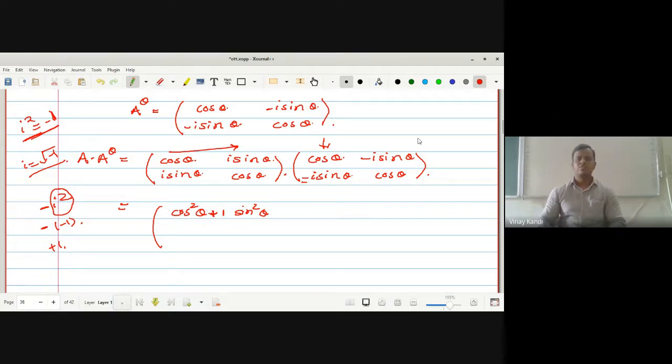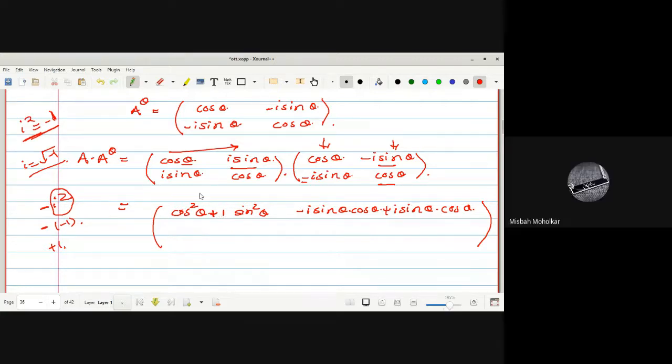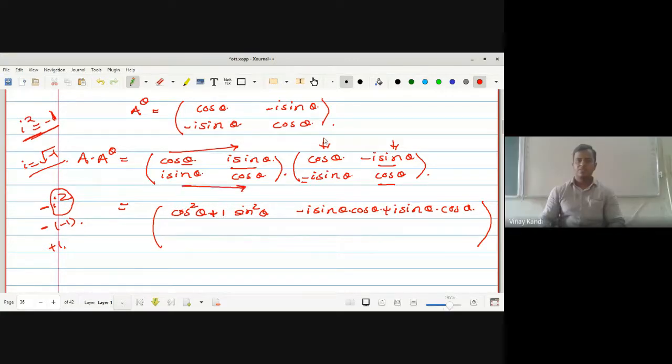Now the first row with second column. This is minus I sin theta cos theta, this one into this one, and now I sin theta cos theta plus I sin theta cos theta. Any doubt? No, sir. Okay, now second row with first column.